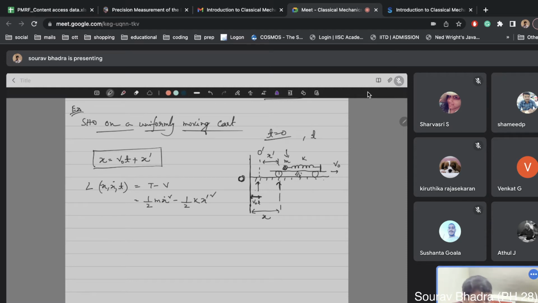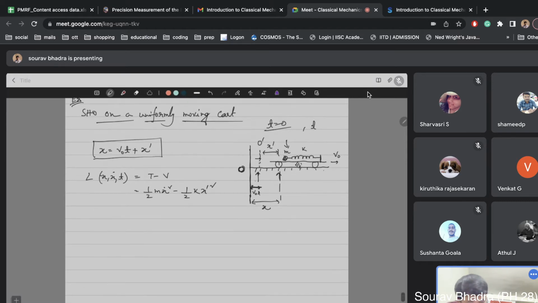There is no x in this, because the spring was at first in this particular position, and it has gone to this position. So x dash is the compression of the spring. Now this x dash can be written from this transformation equation, like x minus v0 t, square.